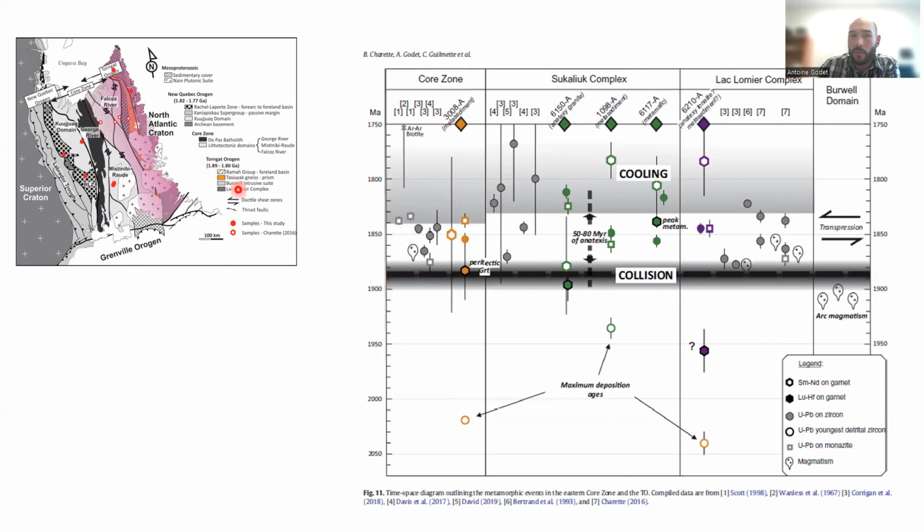So this is what we attribute to the timing of the collision. This is followed by a long period of anatexis, about 50 million years. So everything was kept at middle crust level for a long time. And then the cooling was co-evolved for all these blocks. So from that time, this block acted just as one stiff block in the system.